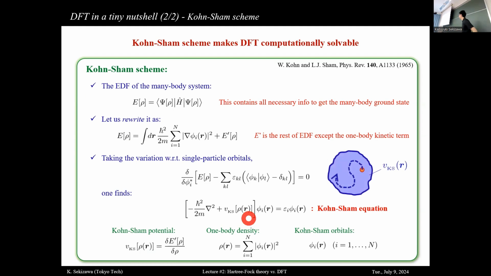So this provides you some mean-field picture of the description. Even though you treat single-particle degrees of freedom, single-particle Kohn-Sham orbitals, what you solve is coupled nonlinear differential equations.